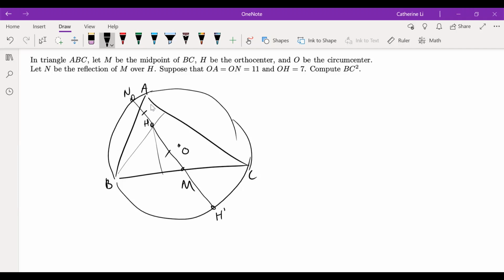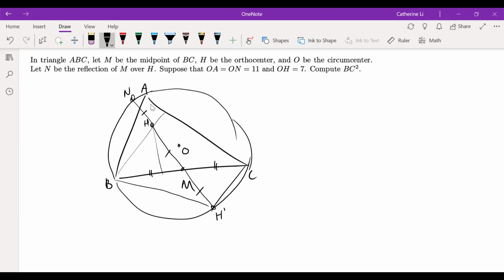basically we can do some angle chasing. We know that this is going to be equal, and then we also know BM equals MC. So what we get is BHCH prime is a parallelogram, and that gives you the angles of it.